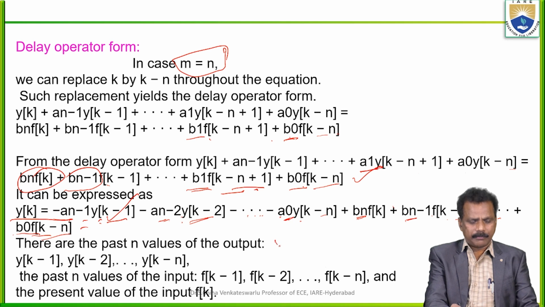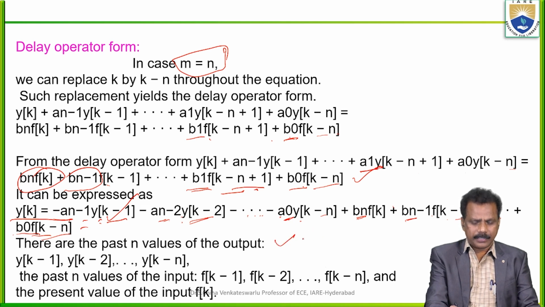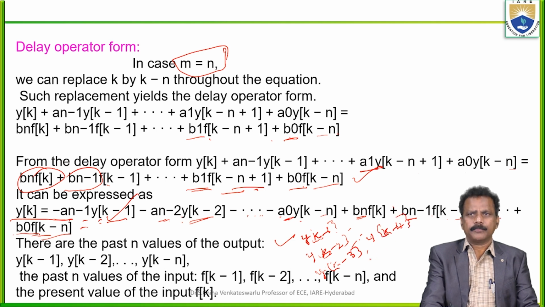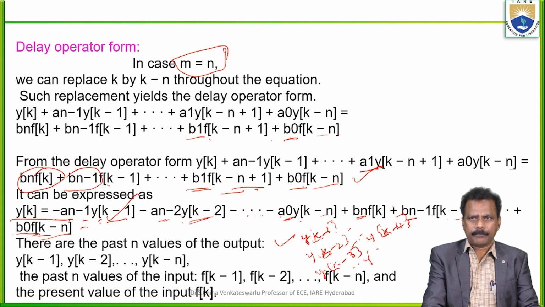For this we will consider y of k minus 1, y of k minus 2, y of k minus 3, y of k minus 4, up to y of k minus n.